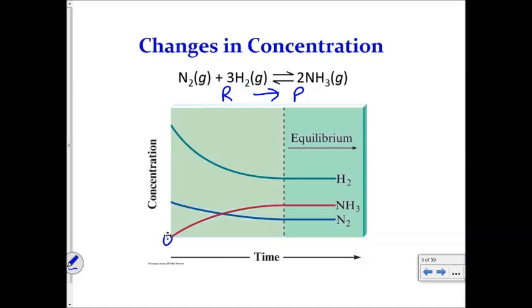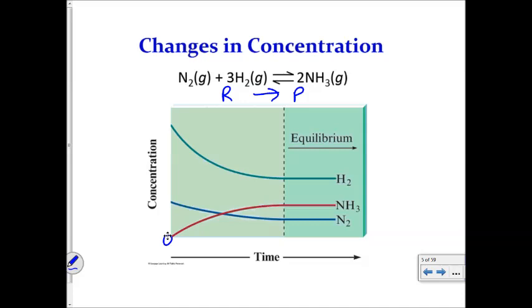Why do the hydrogen and nitrogen concentrations decrease over time? Because they're turning into what? They're now combining and turning into ammonia and becoming product. So their concentration should naturally decrease over the time.